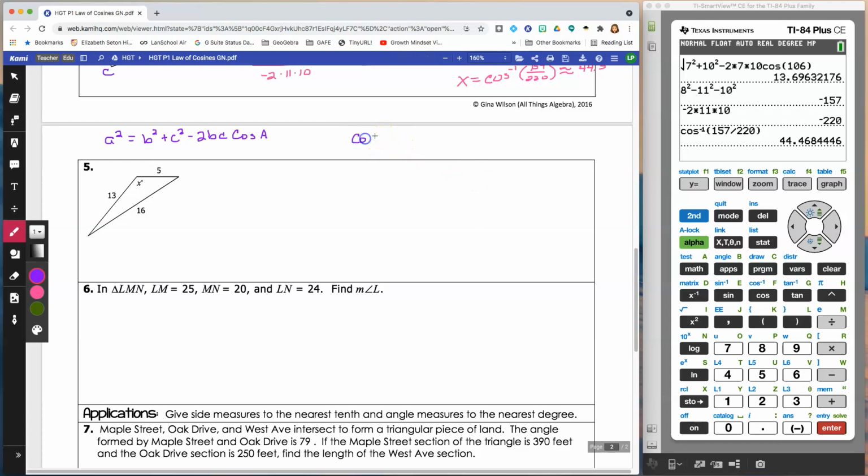The cosine of angle A is equal to a squared minus b squared minus c squared divided by negative 2 times b times c. And then remember we said that in order to find the angle measure, we need to use an inverse cosine. I'm not going to write that part down until we get to it in our steps.